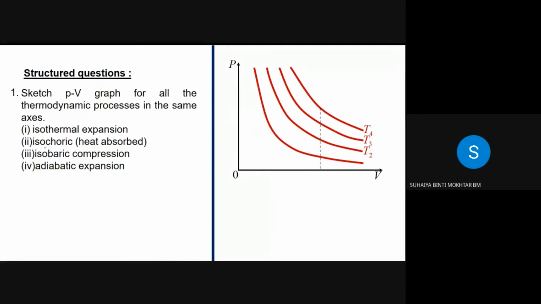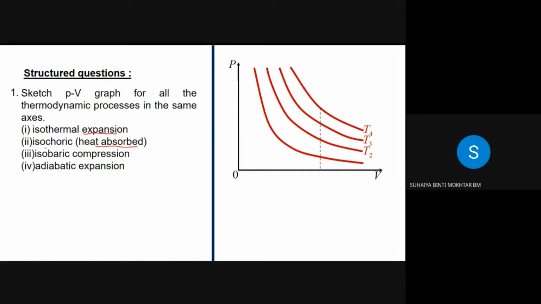Okay, sketch graph. Sketch graph, so make sure sketch dengan betul lah. Okay, sketch graph PV. Okay, case isothermal expansion. So you kena ikut dia punya ni. Expansion, not compress. Expansion, isochoric, heat absorb. Okay, so mesti ikut.